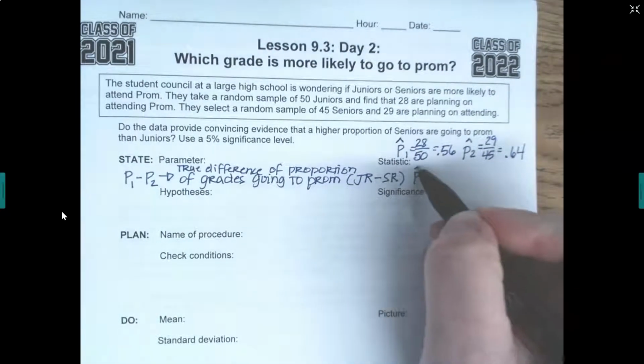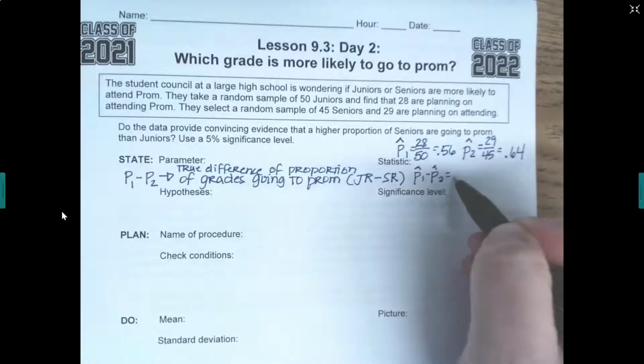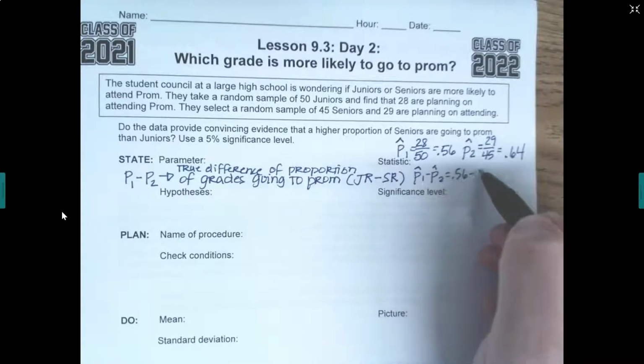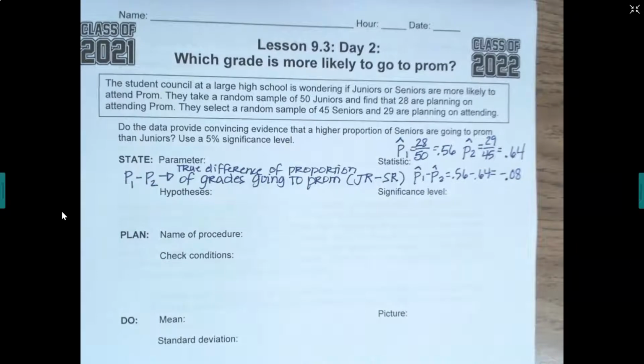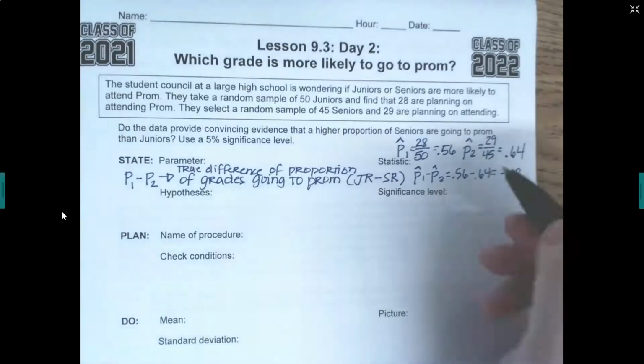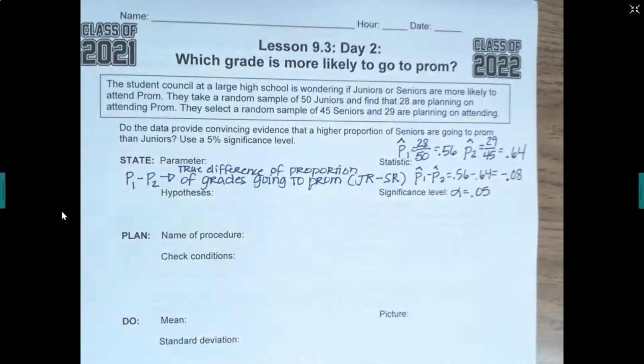So we're going to take p hat 1 minus p hat 2, which is 0.56 minus 0.64, which gives us a difference of negative 0.08. The problem did tell us to use the 5% significance level, so alpha equals 0.05.